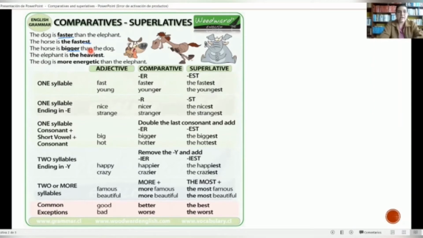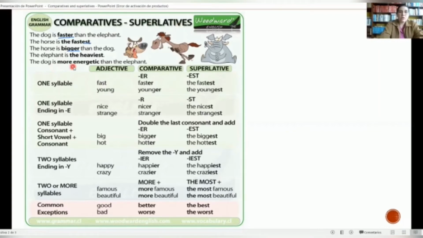When you are talking in superlative, you don't need the than. You only say the horse is the fastest, okay? It is not fastest than, no. It's only the fastest because it's the top. This animal is the top between the other animals, okay?